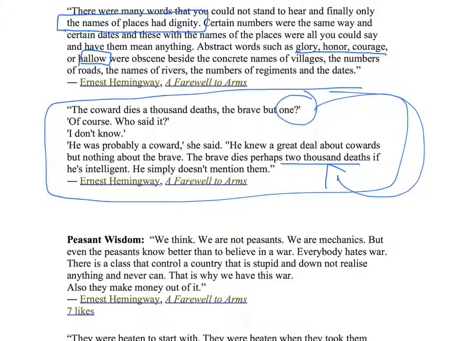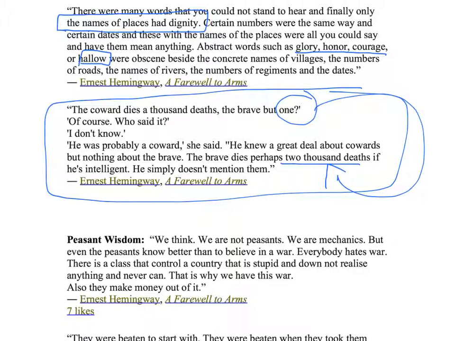You just don't mention them. You learn from them, you live on, and you try to minimize your mistakes. Okay? And Frederick does that. When he is healed in battle, he returns to the front, and he tries to help as best he can in the Italian ambulance service, and then we get that great passage on the retreat at Caporetto where the Italians have to flee from the Austrian offensive.